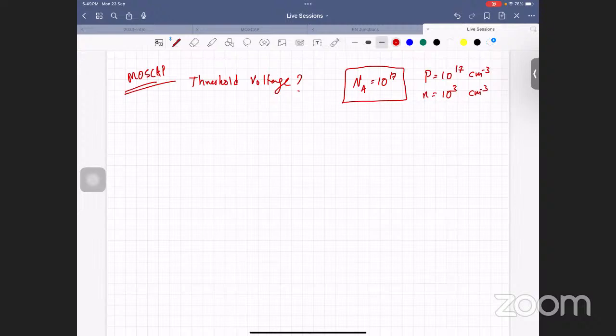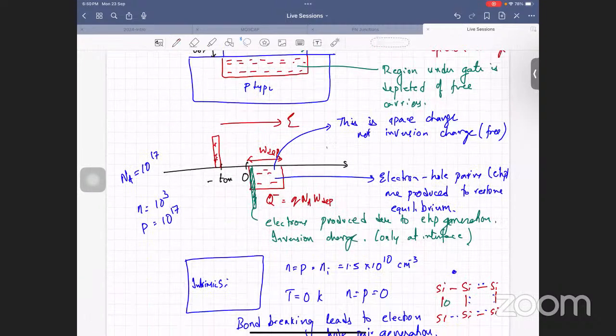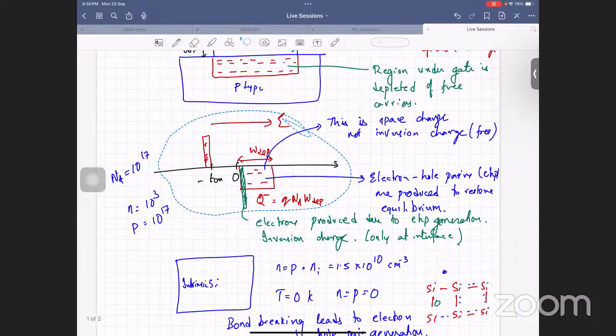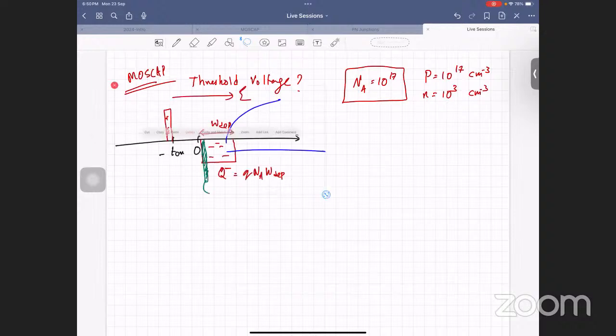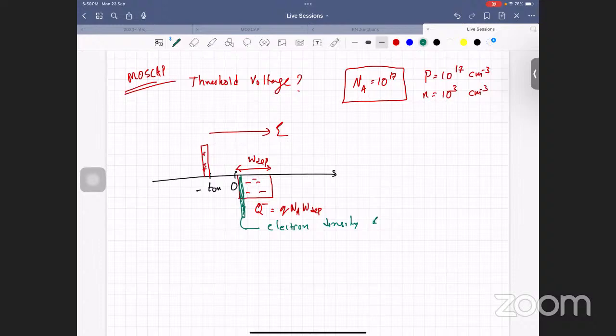But suppose you invert the semiconductor, like what we did in this diagram. This is an inversion of the semiconductor. Let me get rid of this. Now, threshold means this electron density should be equal to how much? 10 power 17.